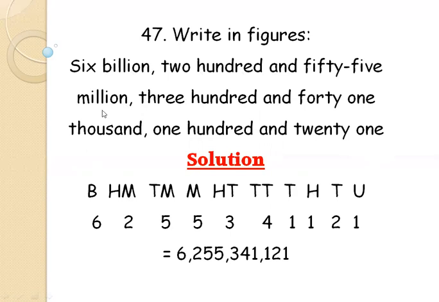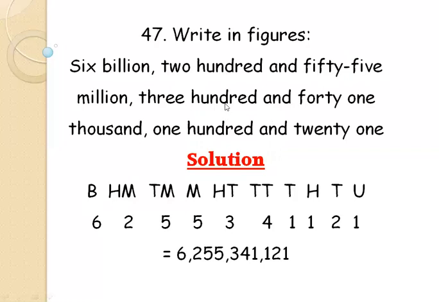So I'm going to be putting each value under the place value. I have 6 billion, so I'm going to put my 6 under billion. 255 million. This is 200 million. So I'll put 2 here, million. 55, this 50 is tens of millions. So I'll put 5 here. 5 is under million. I'll put it here.